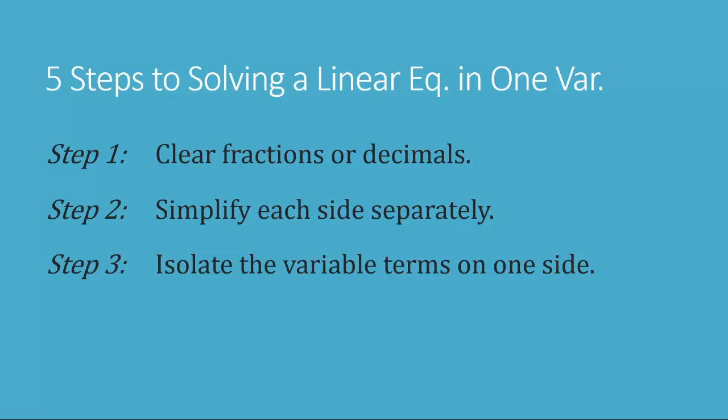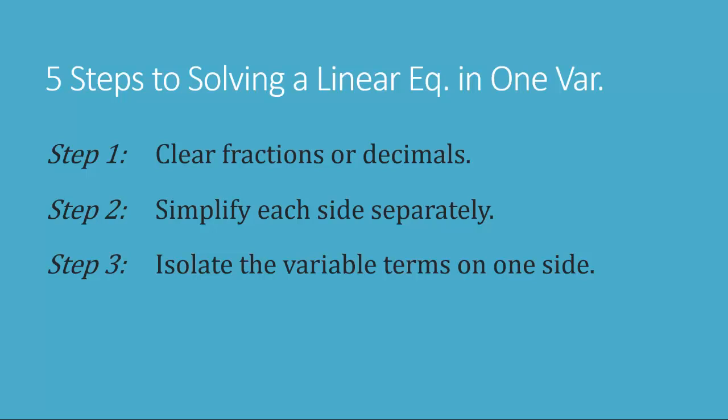Isolate the variable terms on one side. It could be x, it could be n, it could be k, but whatever the variable is, and in most cases we'll be dealing with x, you're going to move it all to one side.